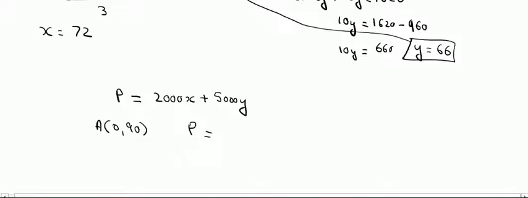We will have P equals 2000 into 0 plus 5000 into 90, and the answer will be 450,000.